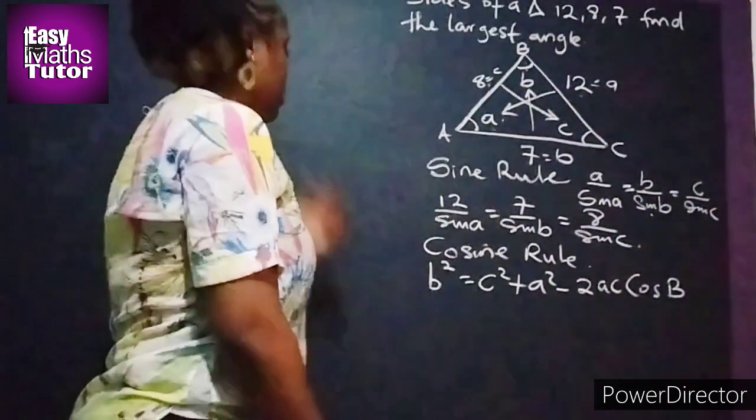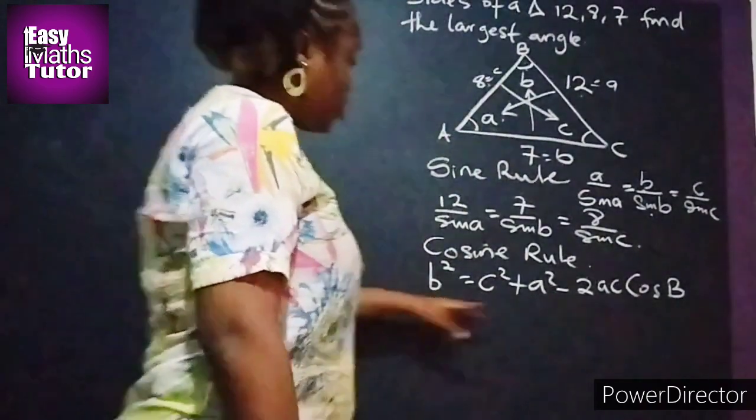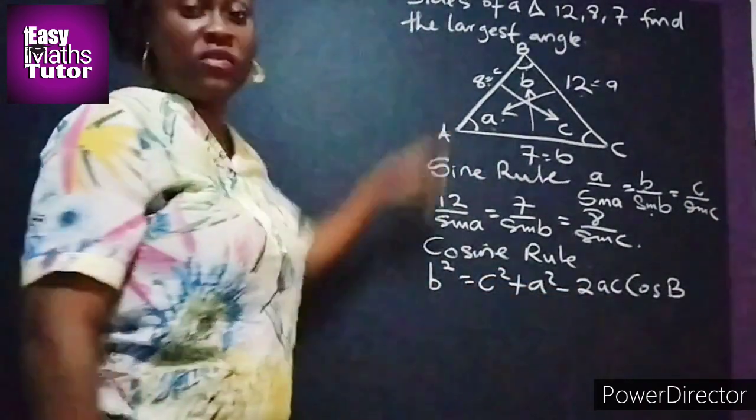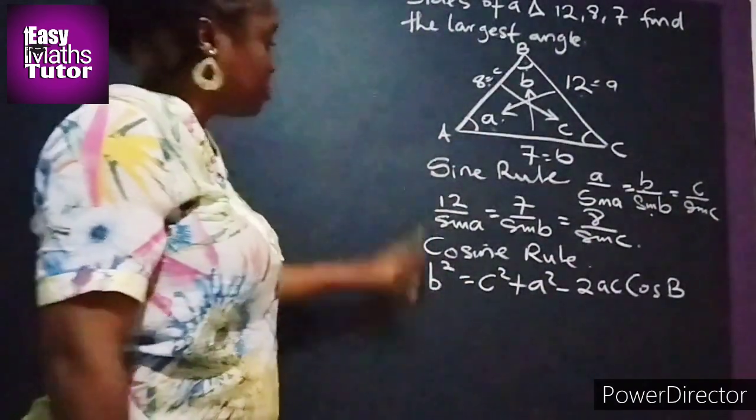This cosine rule comes in 3 forms, so we'll have 3 equations.